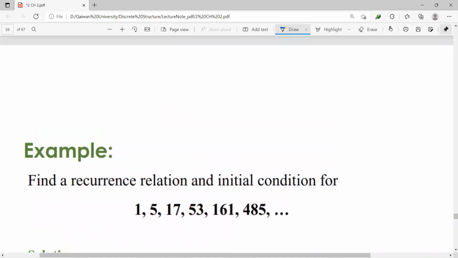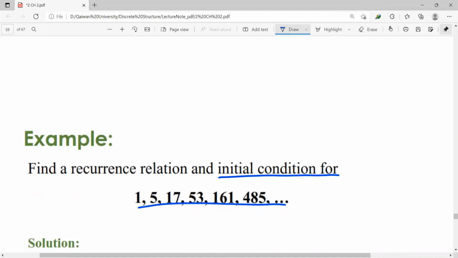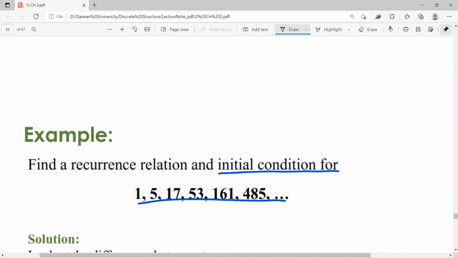Here we should find the recurrence relation and initial condition for this example, for this sequence. The sequence given is 1, 5, 17, 53, 161, 485, and so on. What should we find?